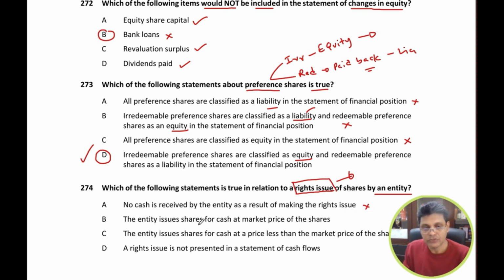The entity issues shares for cash at the market price of the shares. This is also not correct because it is issued at a discounted price. The entity issues shares for cash at a price less than the market price of the shares. Yes. A rights issue is not presented in a statement of cash flows, which is not correct, because when you receive cash, it's a cash inflow. It has to be reflected in the statement of cash flows.